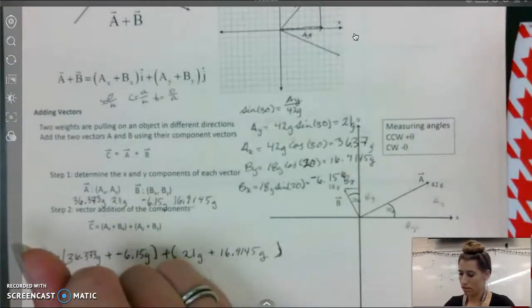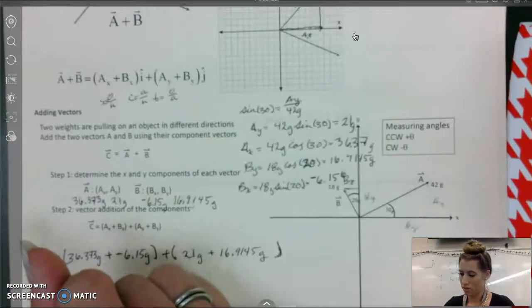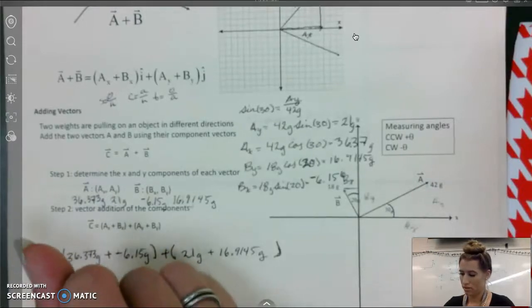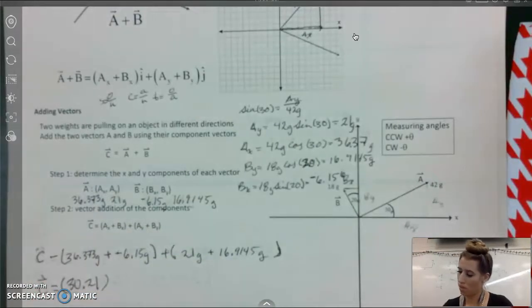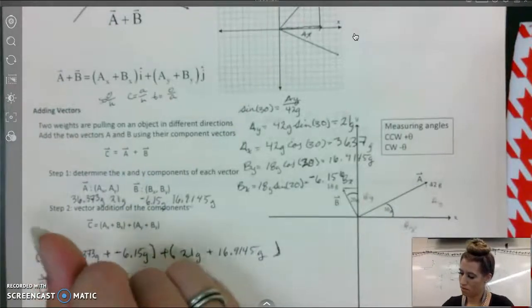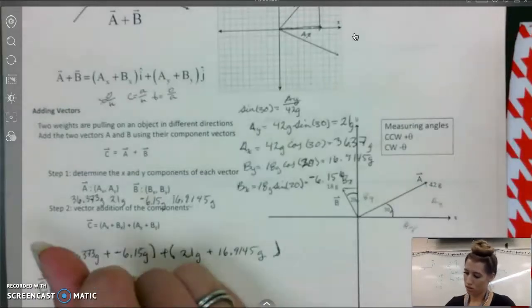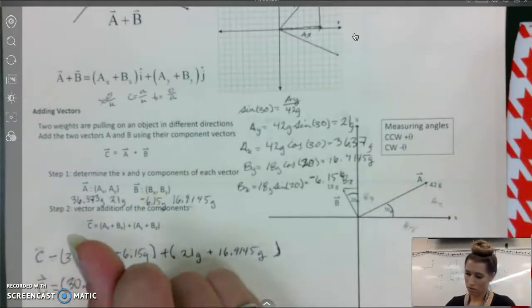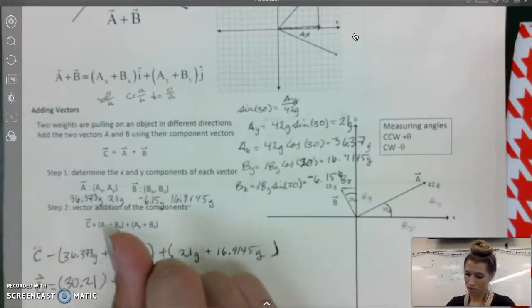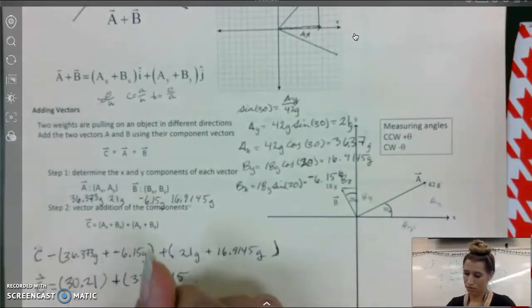Okay, so that's our x component there. And then we have a y component, which is going to be this 21 plus the 16 value, which is 37.915.